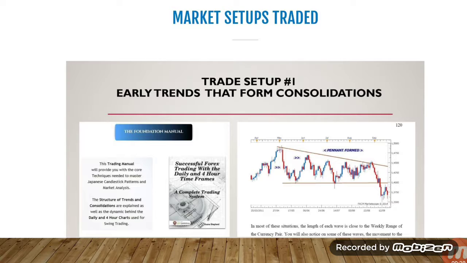Now here you can see in this graph taken from my trading manual, which is an illustration to show the setups, what we do is identify the early set of waves that indicate that the market is going to be forming consolidation. So what we do is identify the early set of bearish and bullish waves that typically indicate that the market is going to be forming consolidation.